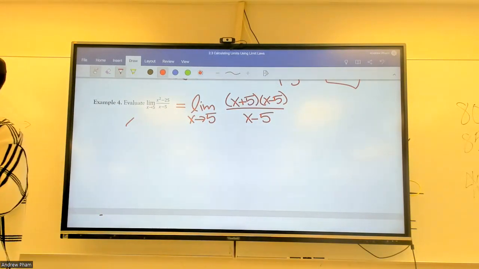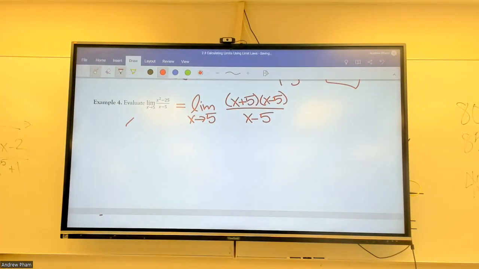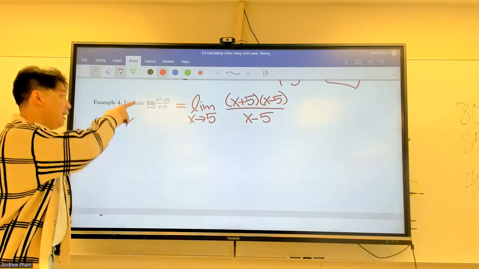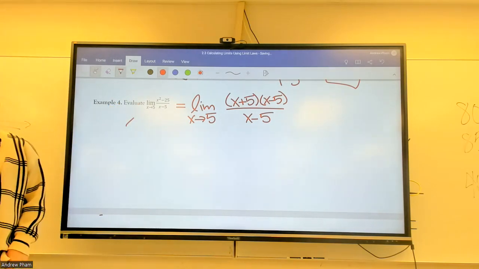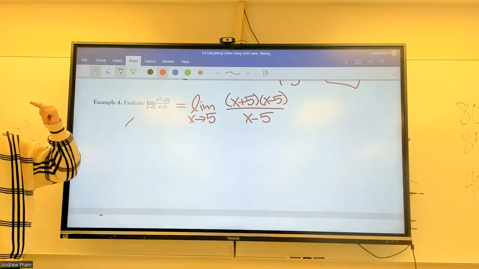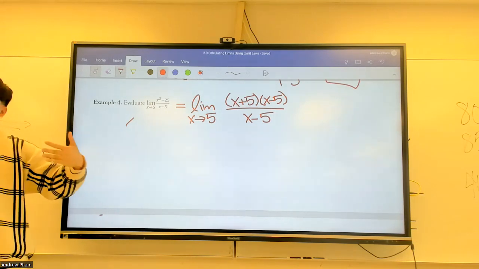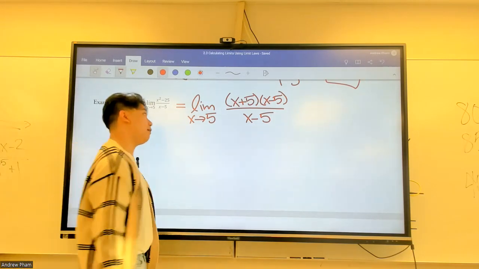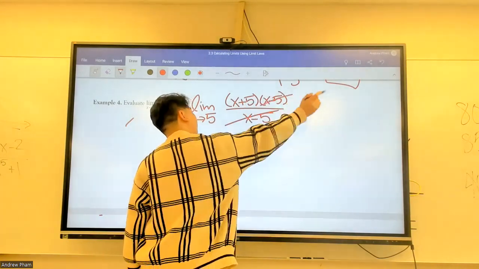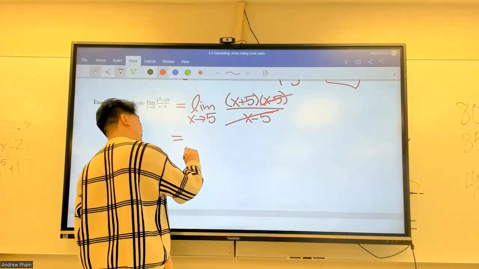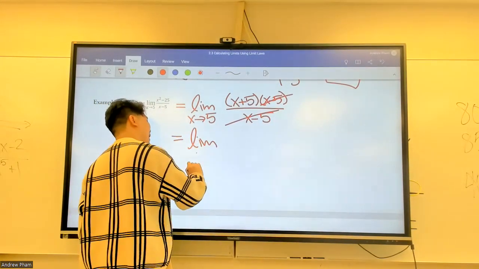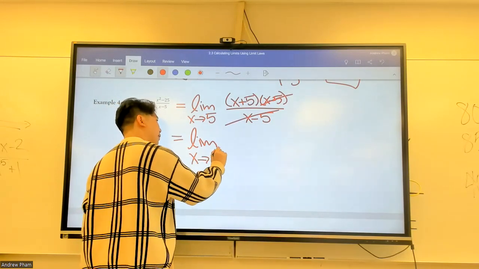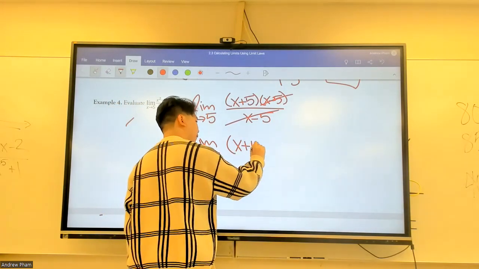Why is that really good for us? If I look on the top and on the bottom, I have an x minus 5 on the numerator and the denominator. In other words, you're giving me the limit as x goes to 5 of x plus 5.